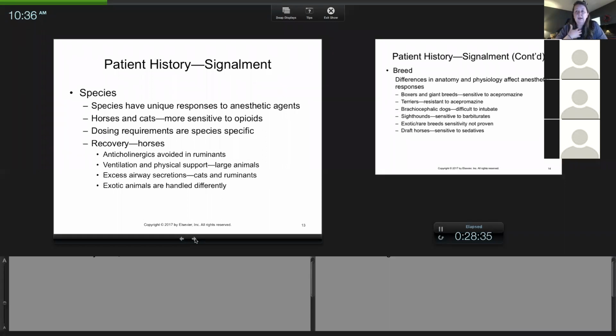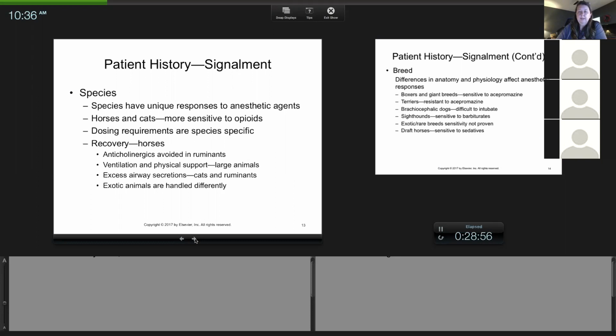We weren't even allowed to be in recovery when I was at Purdue with horses because it's so dangerous. Even if we helped anesthetize the horse, we had to watch from a little window because of the liability of a horse waking up. They didn't want any students nearby getting hurt.